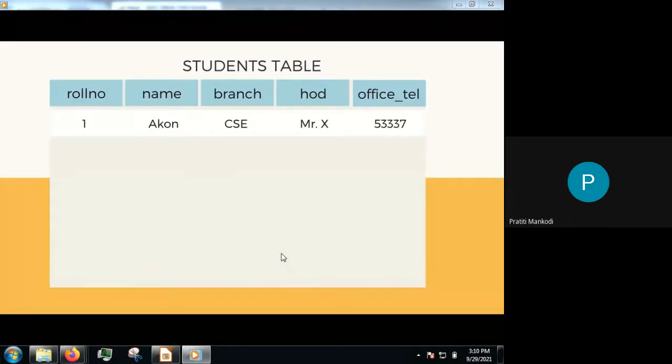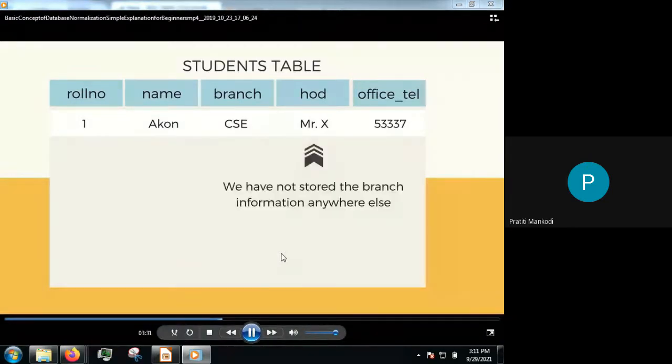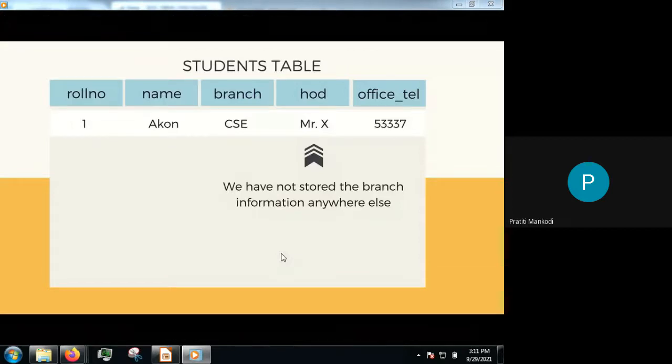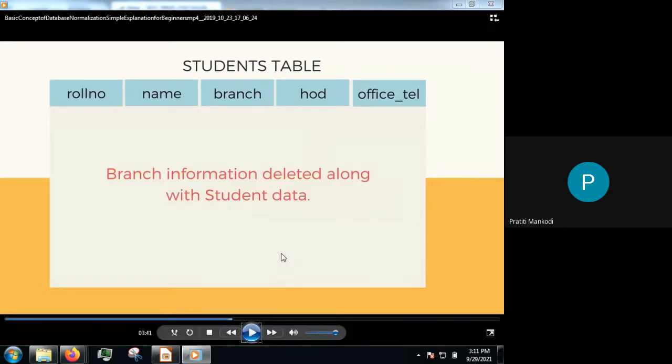But as the data is not organized properly, while deleting the students, I am also deleting the information of the branch, which should not happen. Yes or no? Agreed?